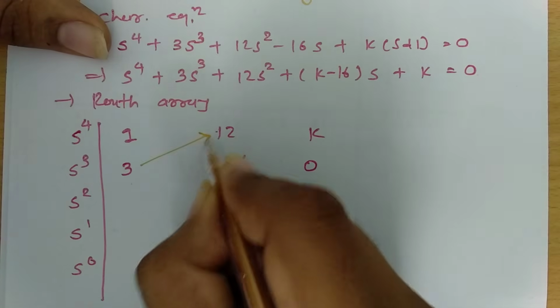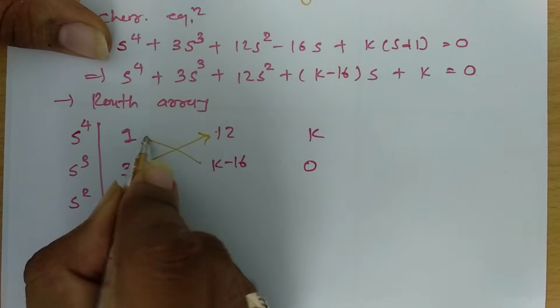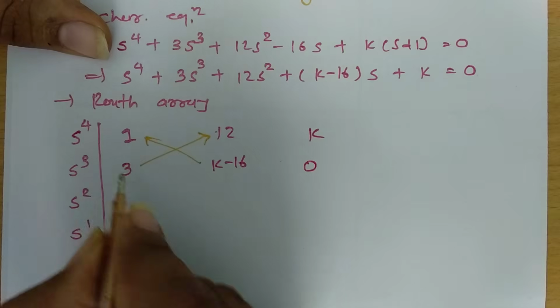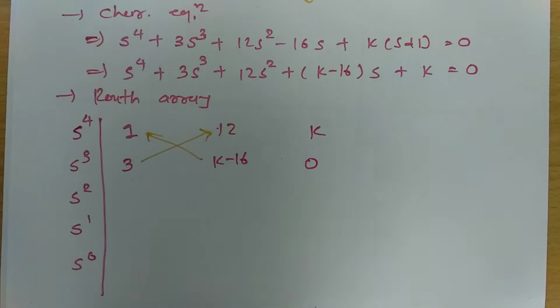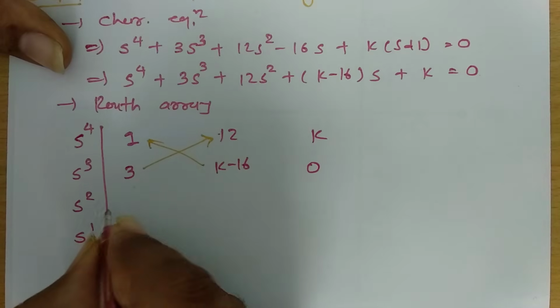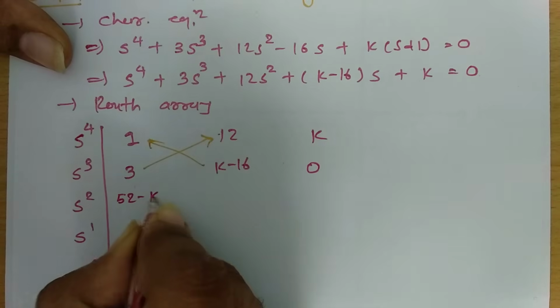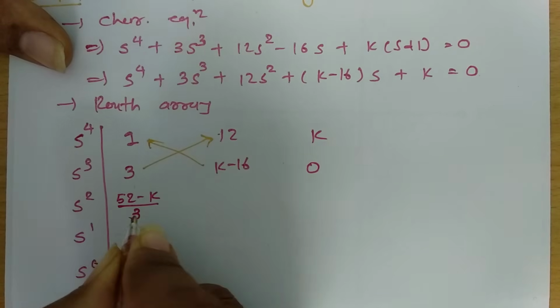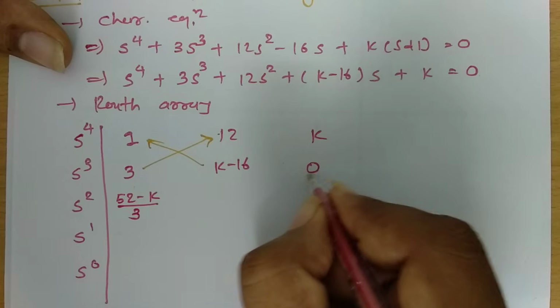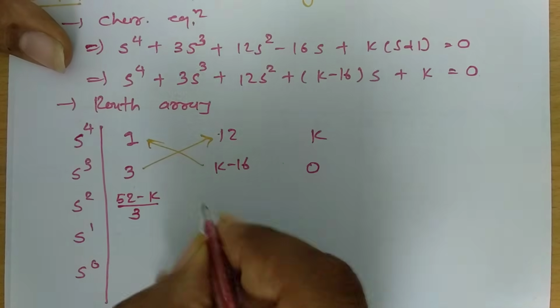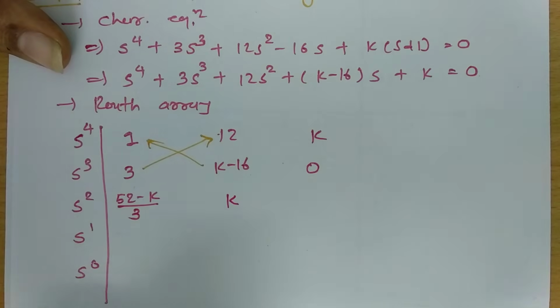Now for further calculation of the Routh array we need to do cross multiplication. So 3 into 12 minus k minus 16 into 1 divided by 3. That element will be 52 minus k divided by 3, and over here this element is 0, so we can directly write k over here.